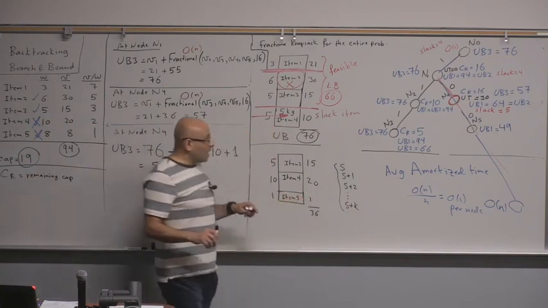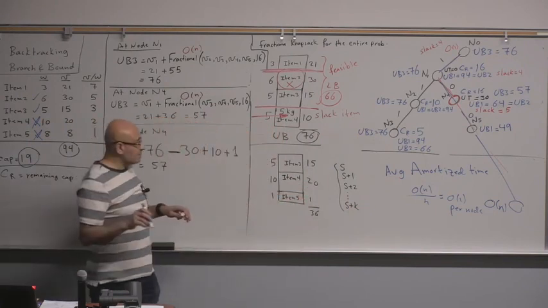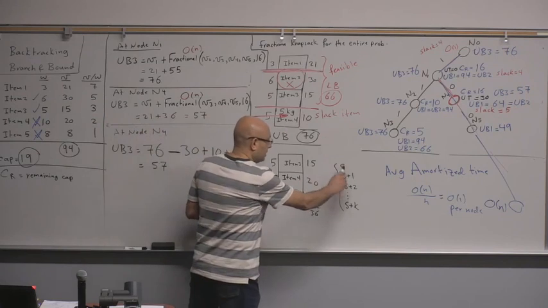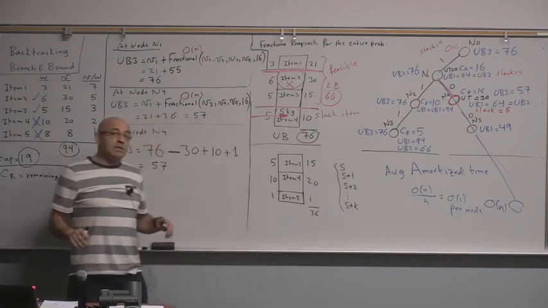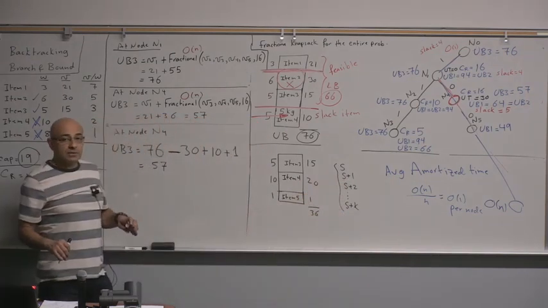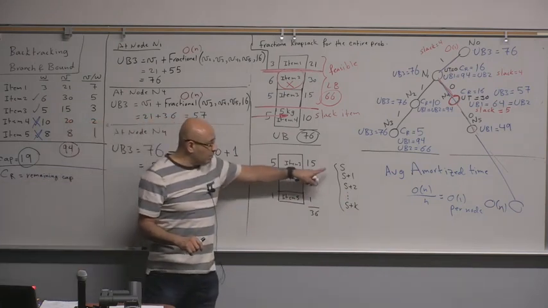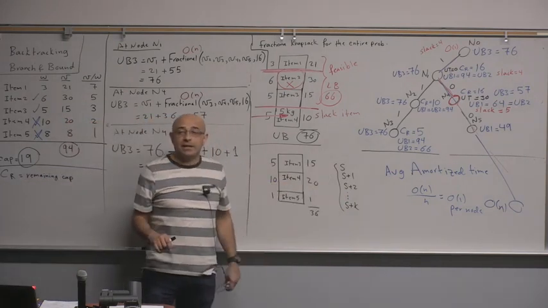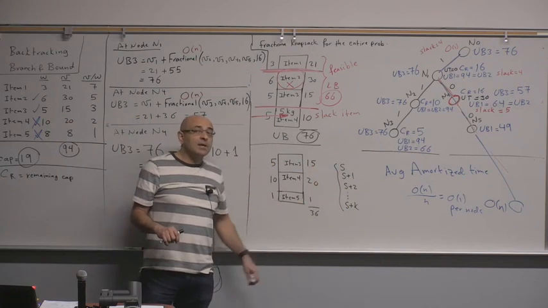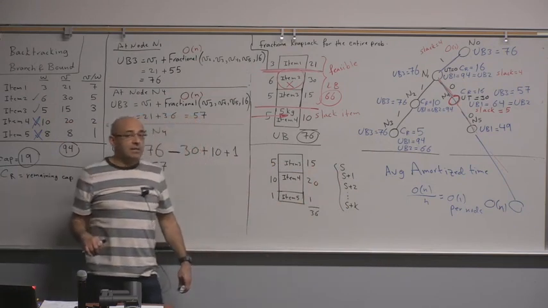Now, among these items, how many items in this list can be touched at other nodes? If at a given node we go through S plus K, how many of these items can potentially be touched at other nodes?